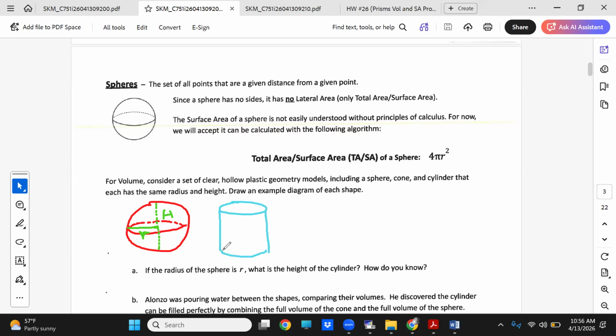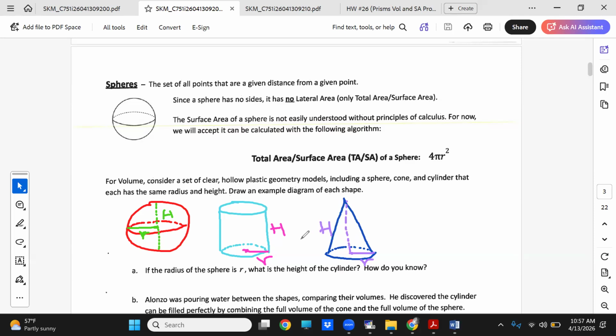That's R and that's height. And then, of course, a cone. That's R again, and that's height.